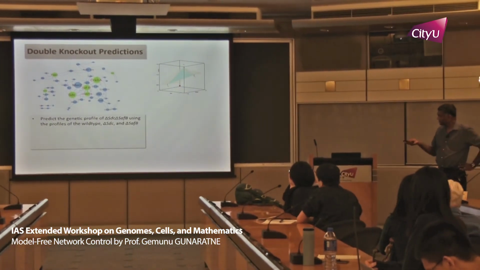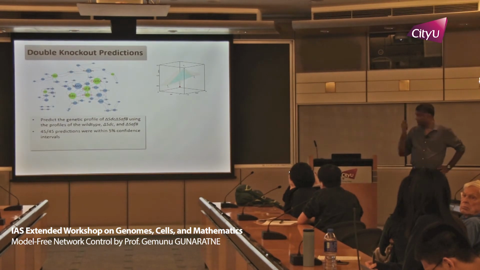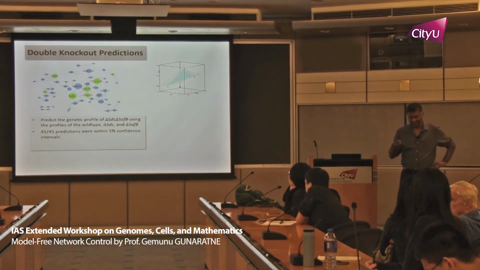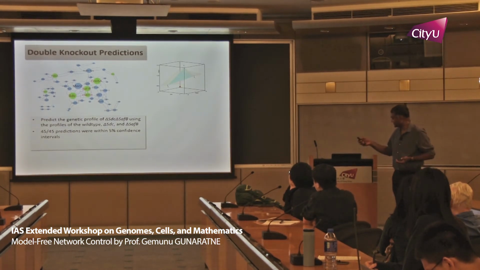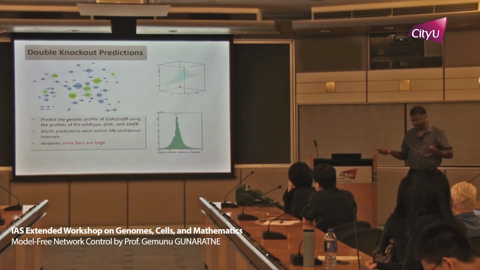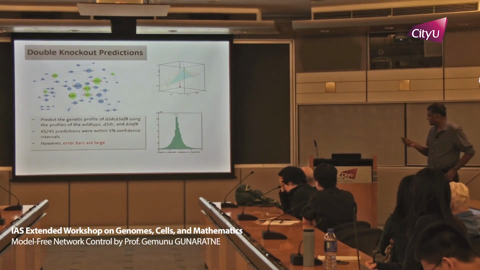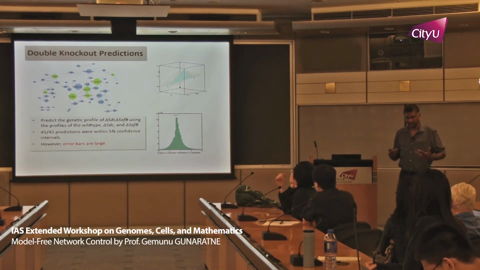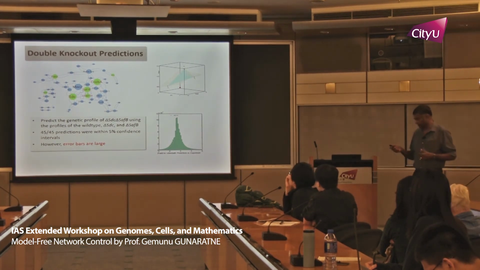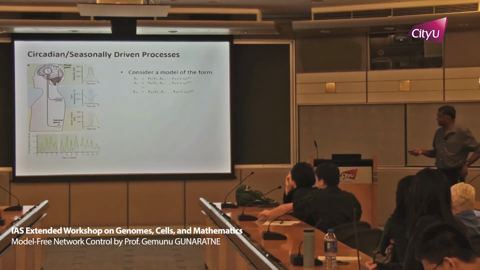In this one case that we studied, we made 45 predictions. The good news is all of them came out within the 95% confidence interval. The bad news is the error bars are a little too large, and we'd like to get smaller error bars. But with the data we have, all of the predictions were within the 95% interval. Control experiments we haven't done yet.